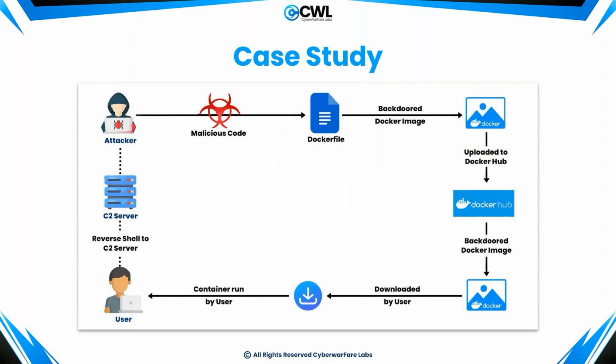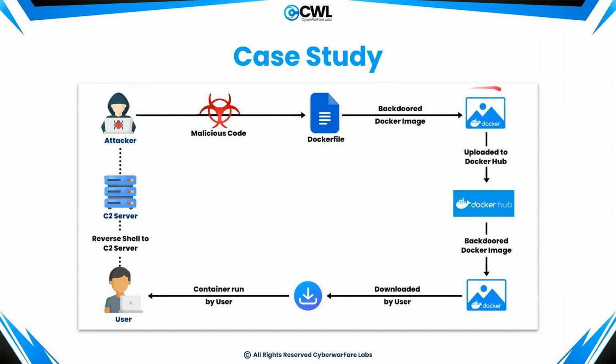We have the attacker here who has control of the C2 server. Via some malicious code, they add it to a Dockerfile. A Dockerfile is a very simple kind of file where we can add all the details required to build an image. This Dockerfile can be backdoored. A legit Dockerfile can be downloaded from GitHub or any trusted repository, and the attacker generally adds some backdoor in here.